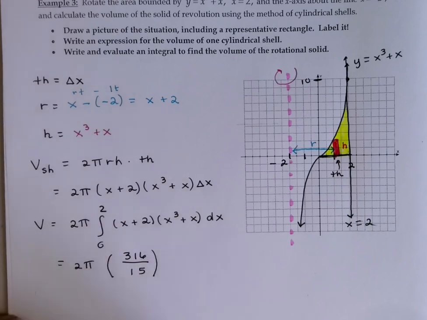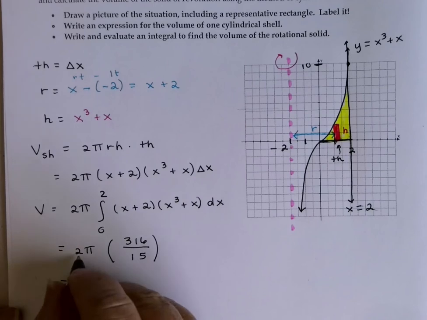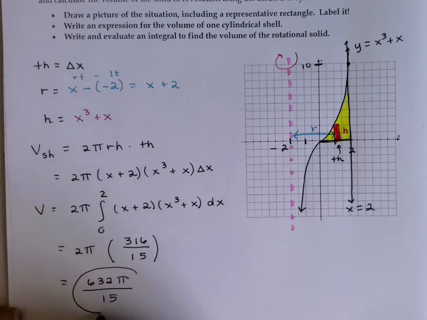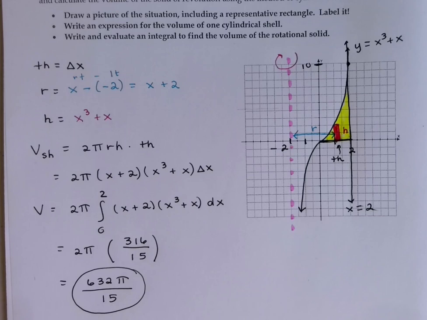And if I multiply that by 2 pi, 2 times 316 is 632 pi over 15. Okay, so there's one complete shell method problem, start to finish.